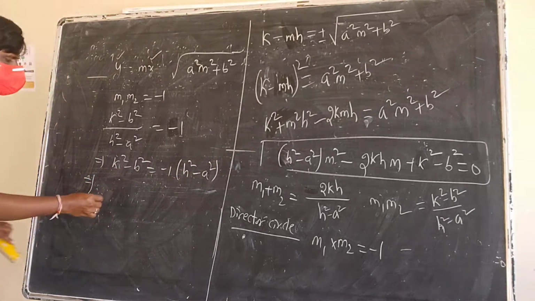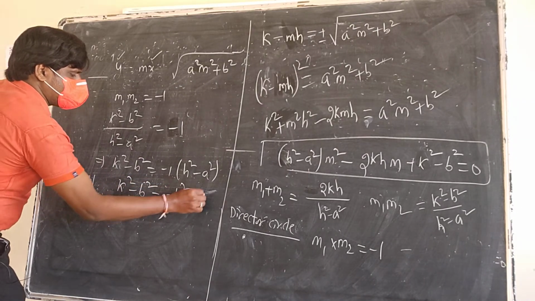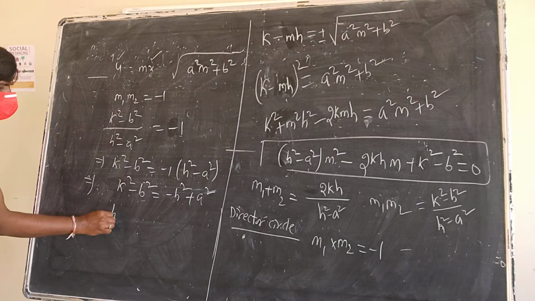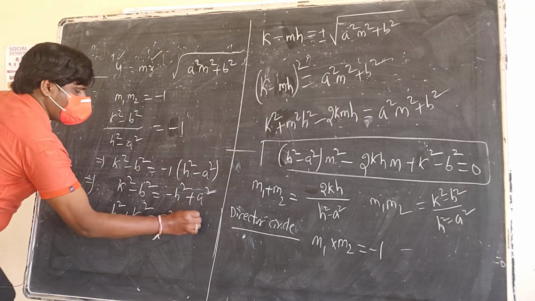So what do you get here? k square minus b square is equal to minus h square plus a square. If you send this side, h square plus k square is equal to a square plus b square.